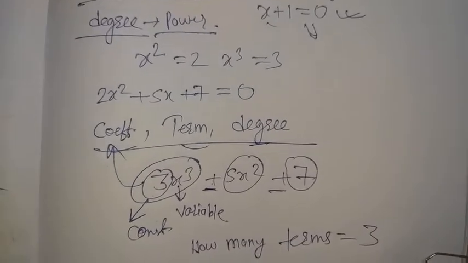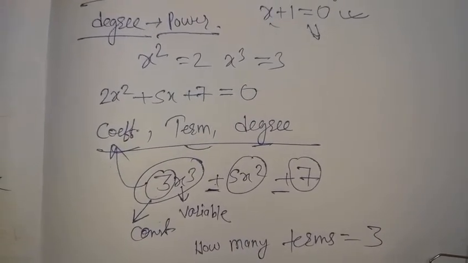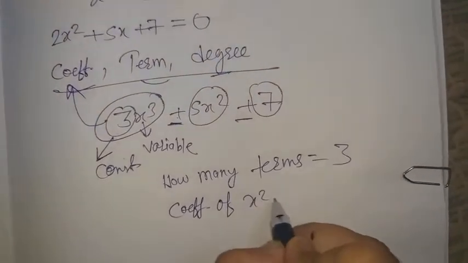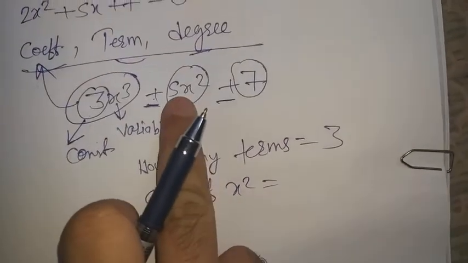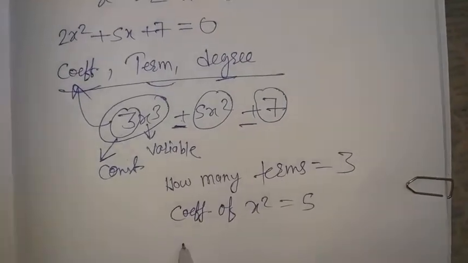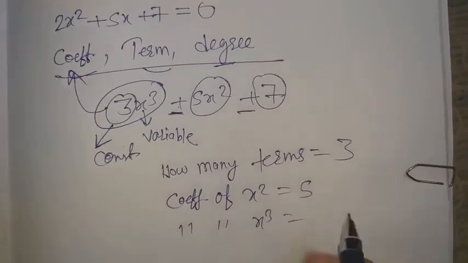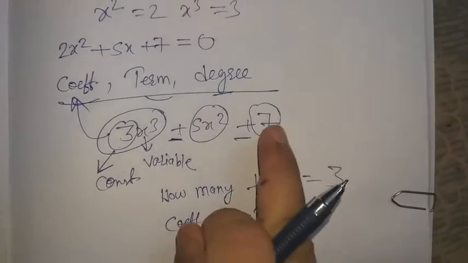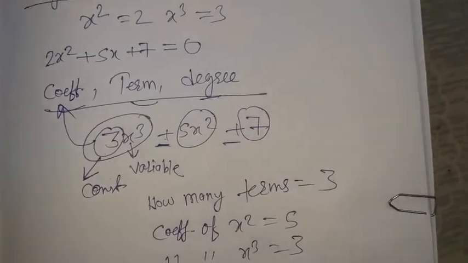If someone asks the coefficient of x square, it is 5. The coefficient of x cube is 3. And 7 is the coefficient of what?